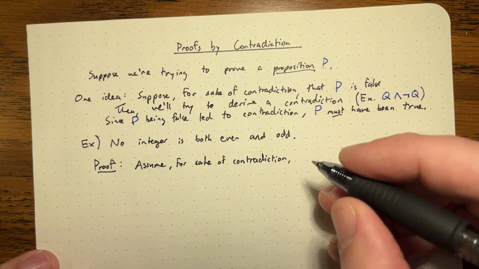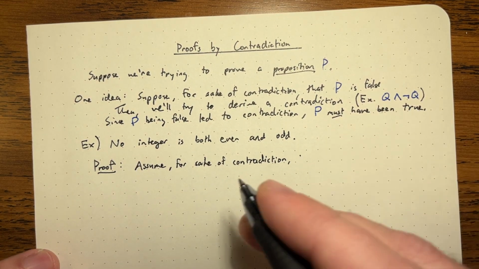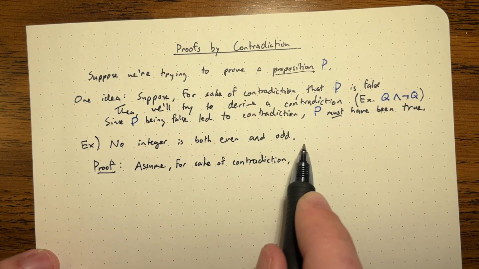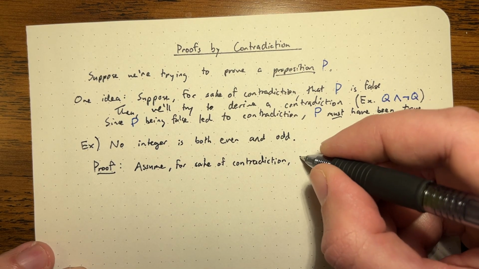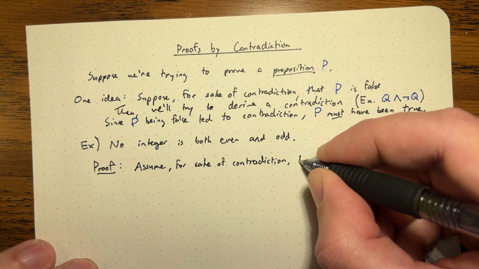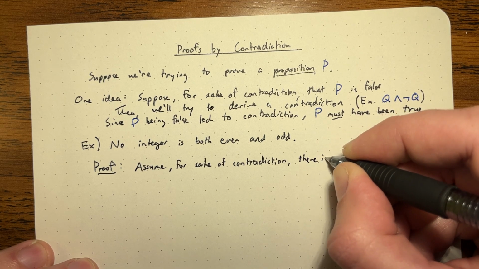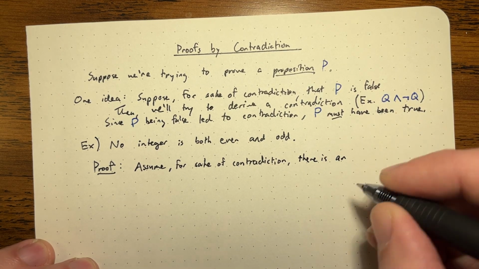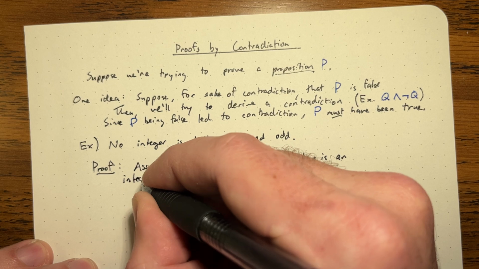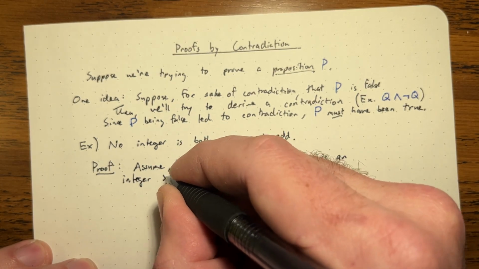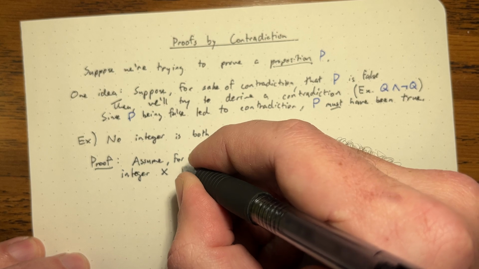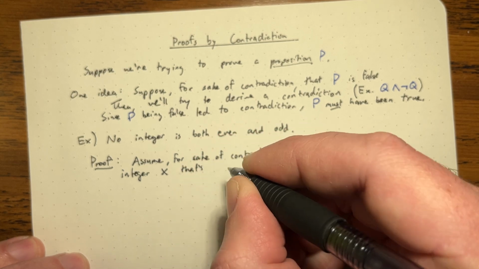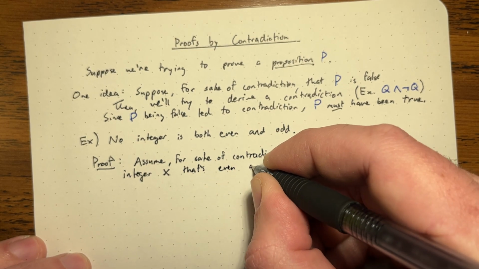Assume for sake of contradiction that, well, what is the negation of this? It would be that there is some integer that's both even and odd, right? There is an integer, let's call it something. You often want to give things a name, so then you can proceed further. So there is an integer x that's both even and odd.